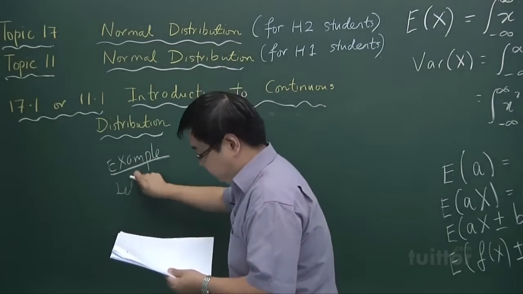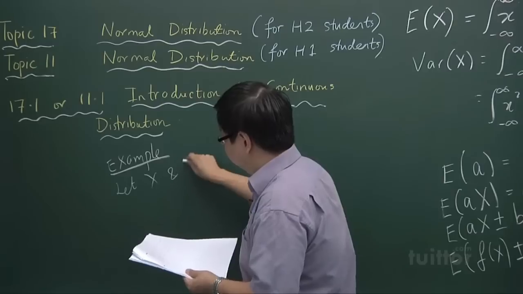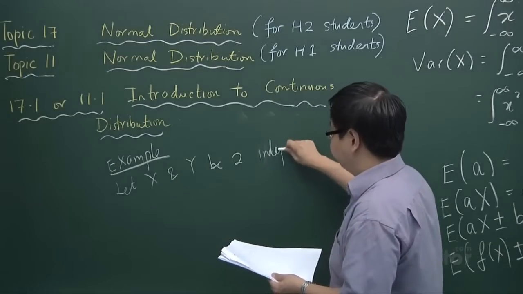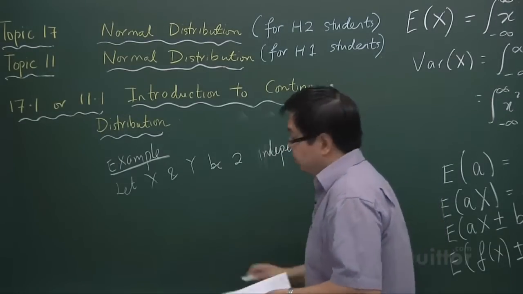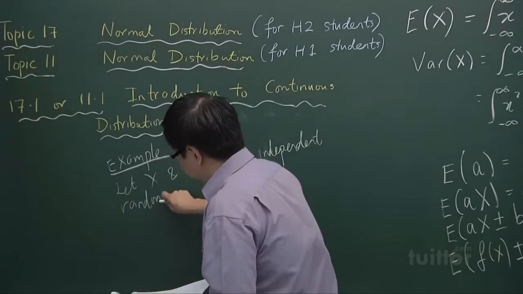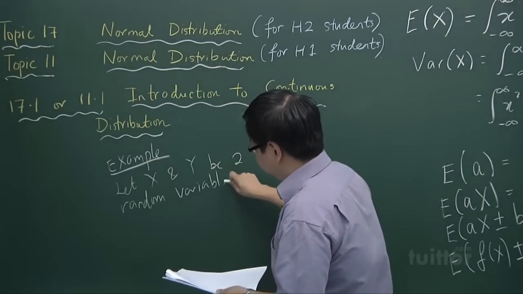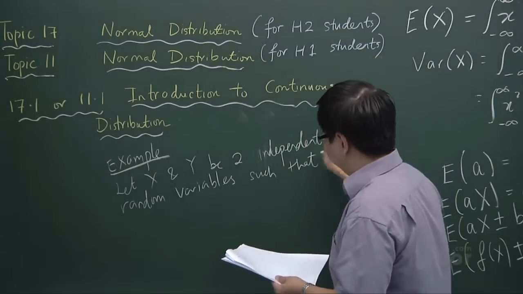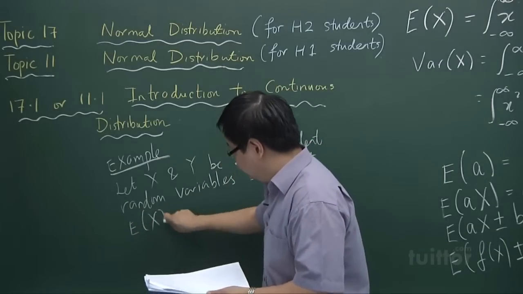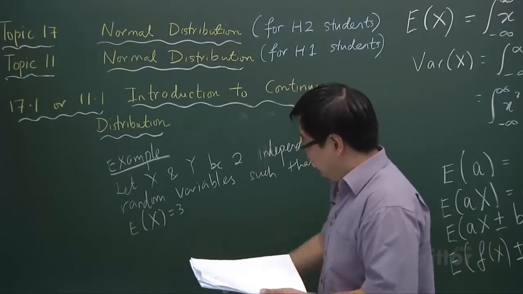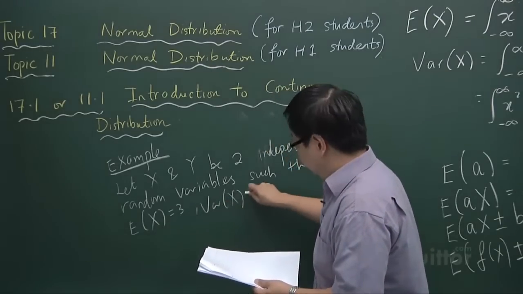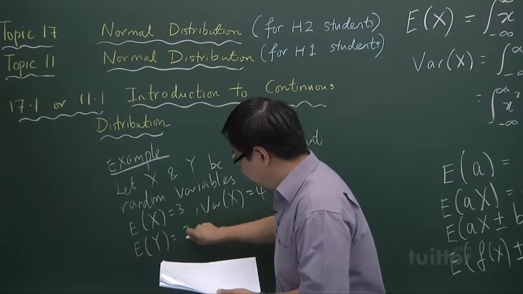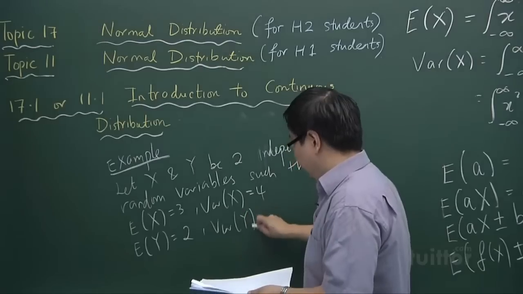We let x and y be two independent random variables such that the expectation of x is 3, the variance of x is 4, the expectation of y is 2, and the variance of y is 1.